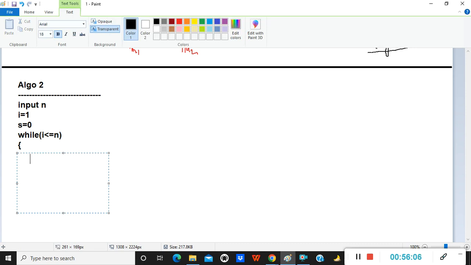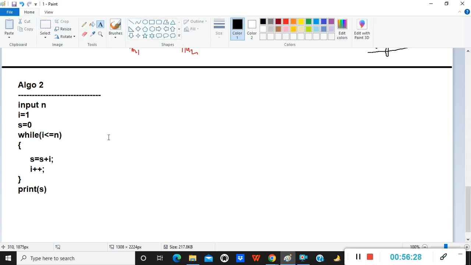Say I have S is equal to S plus I, then there will be I plus plus. Then you are going to print S. So this is an algorithm which considers a single loop.